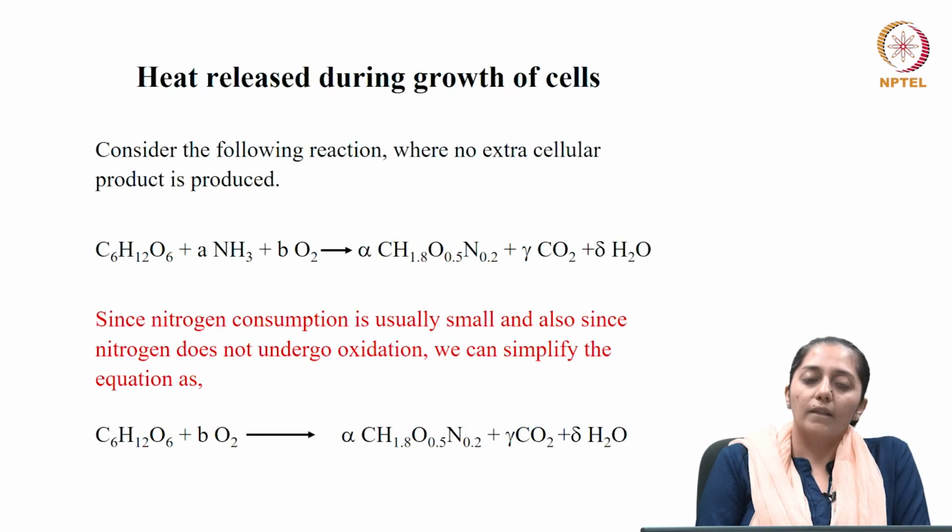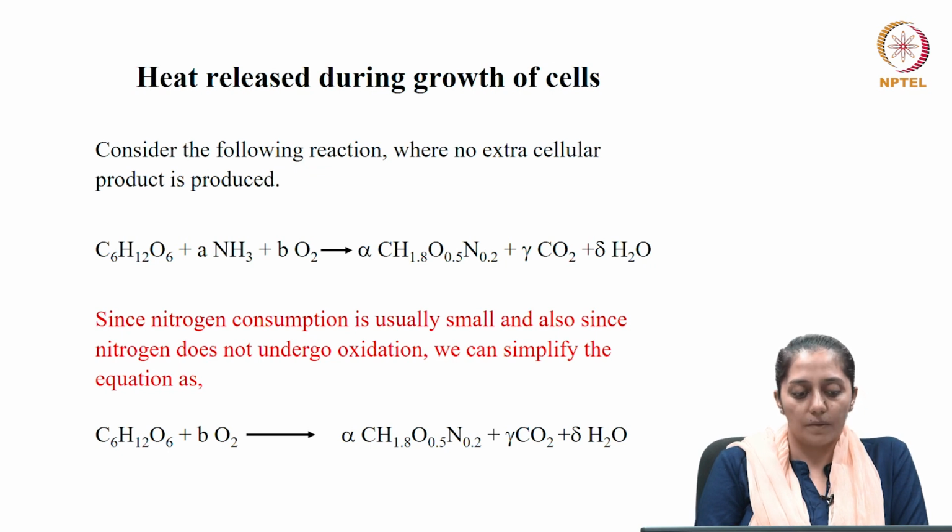So, for that it will be nice to know the stoichiometry. Now, consider the following reactions as shown on the slide. We are assuming there is no extracellular product formation. So, the carbon source, the nitrogen and the oxygen: the carbon source is oxidized to give the biomass, and the waste products released are in the form of carbon dioxide and water.